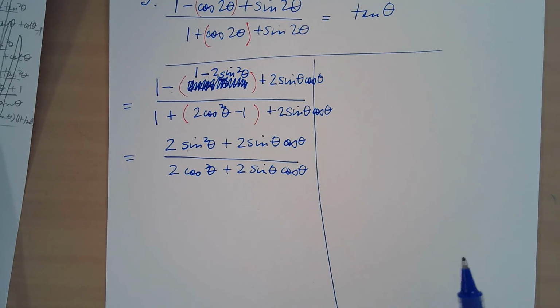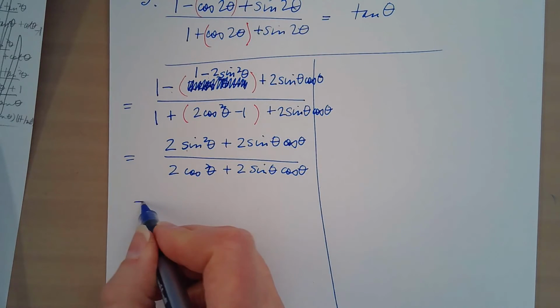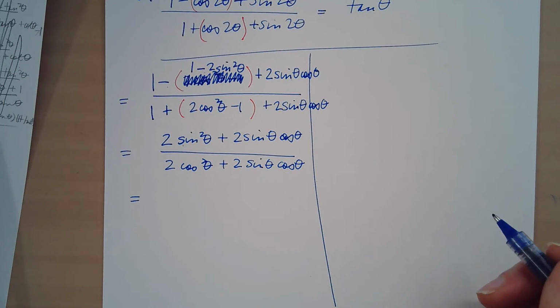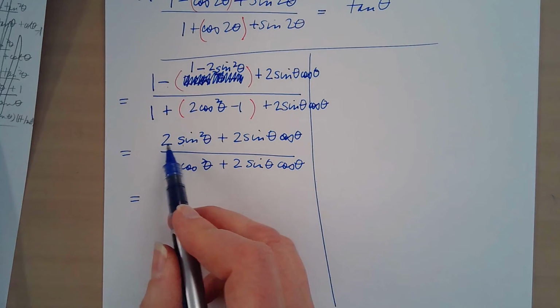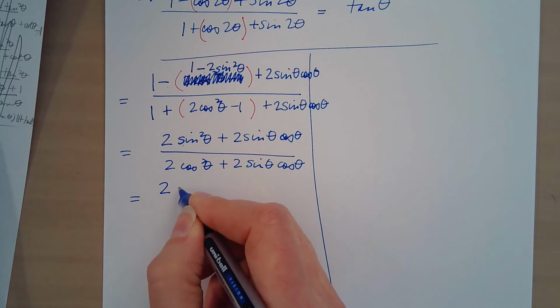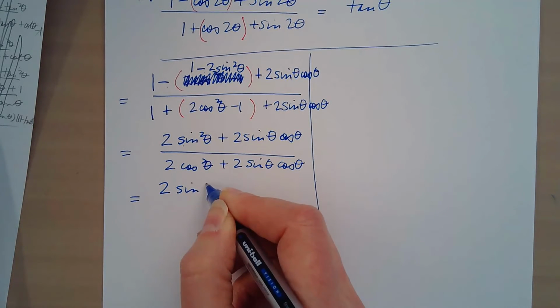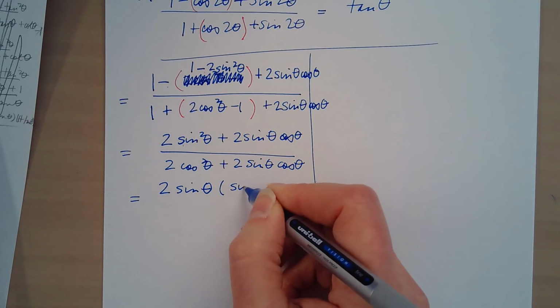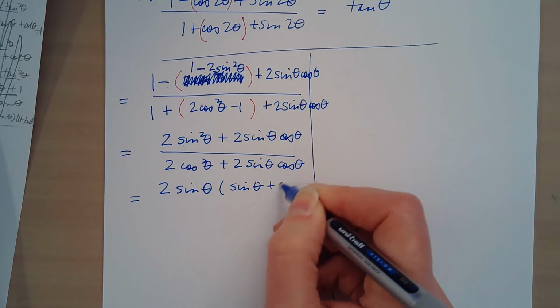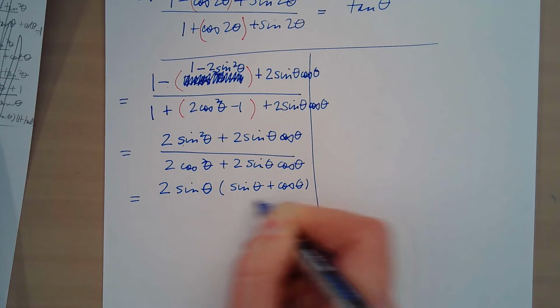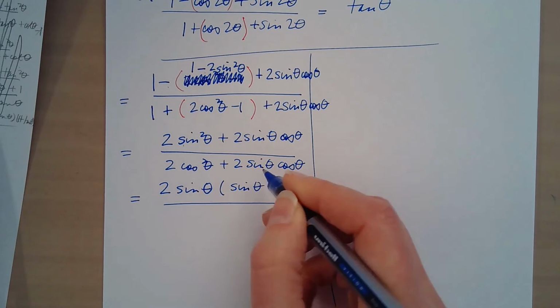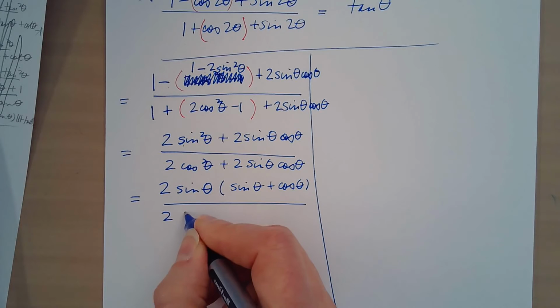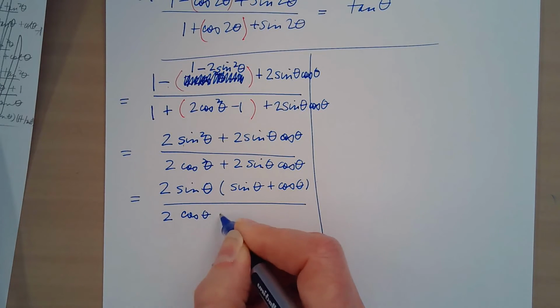Okay. So what do I have in common here? Now I have GCFs, don't I? I have a GCF on the top of 2 sine theta, right? And that leaves me with sine theta plus cos theta. I'm hoping something similar happens downstairs, right? Down here I have a 2 cos theta as an LCD.